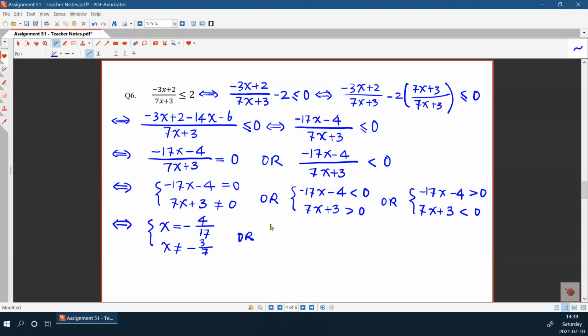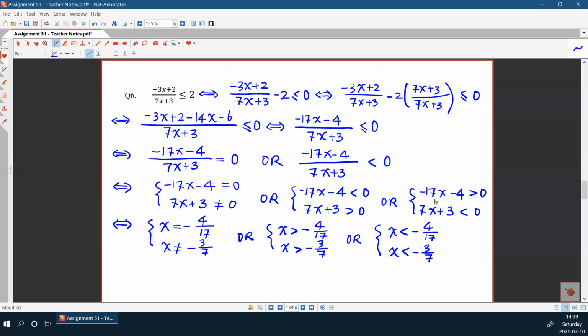Second branch is x must be larger than minus 4 over 17, and at the same time x should be greater than minus 3 over 7. Third branch. First of all, x must be smaller than minus 4 over 17. Second, x must be smaller than minus 3 over 7.